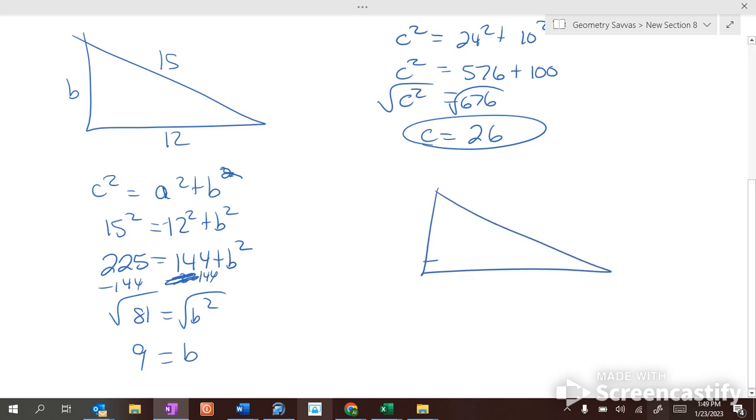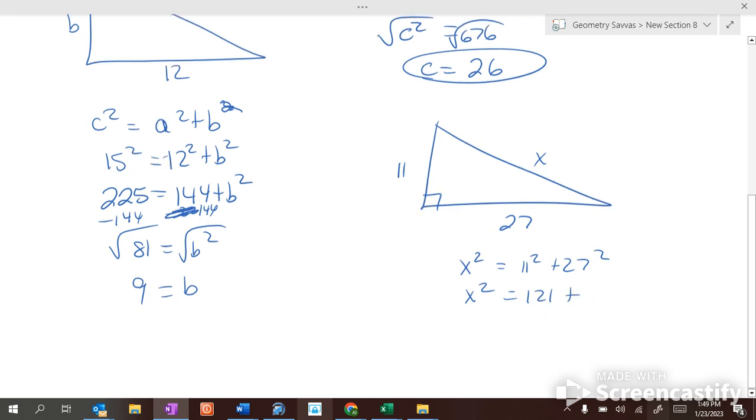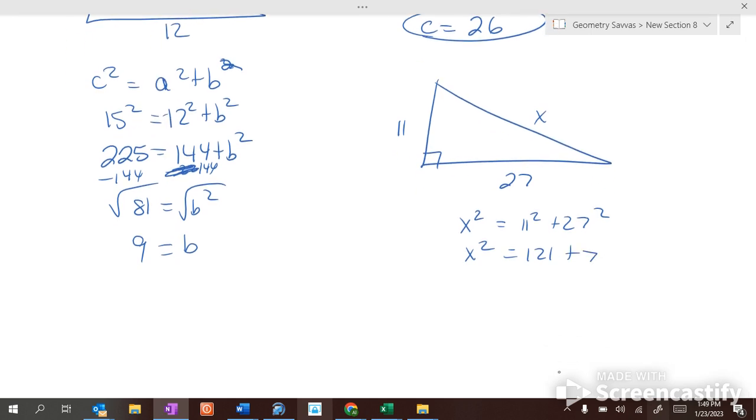But not all triangles work out to be nice whole numbers. What's X? Is X C, A, or B? C in this case, because it's opposite the right angle. What's 27 squared? 729.